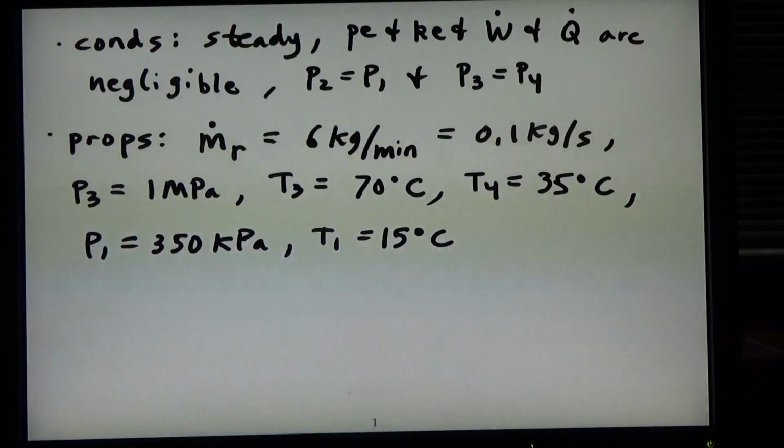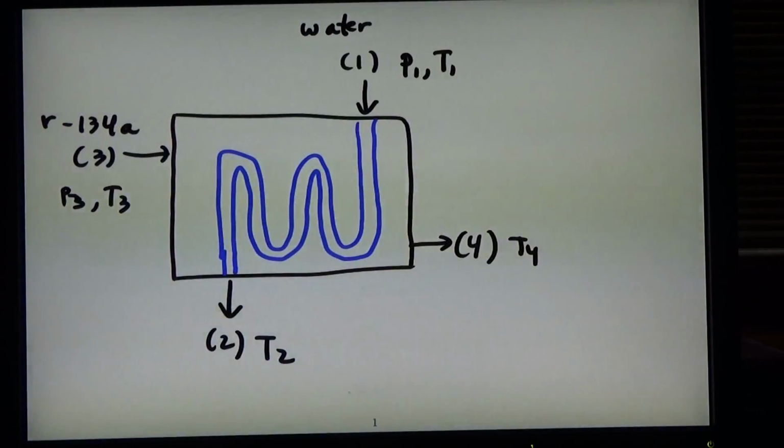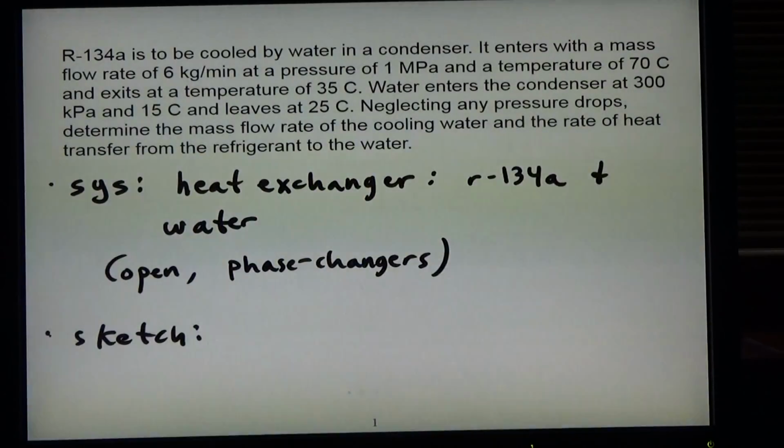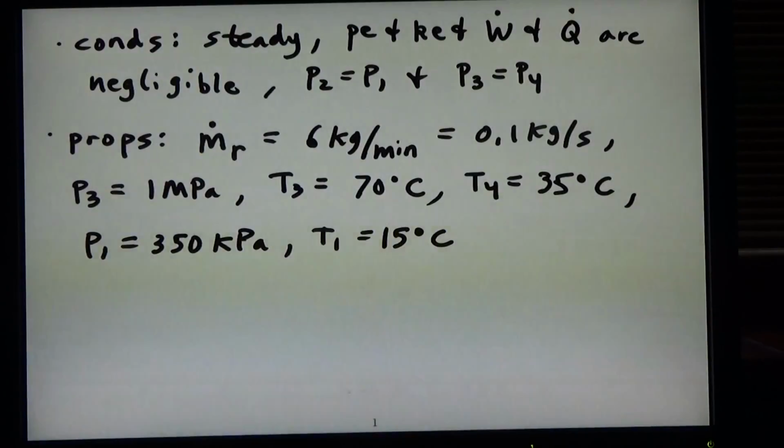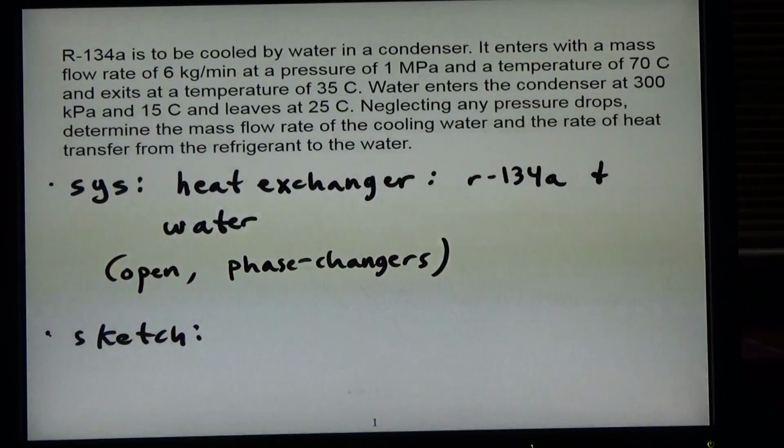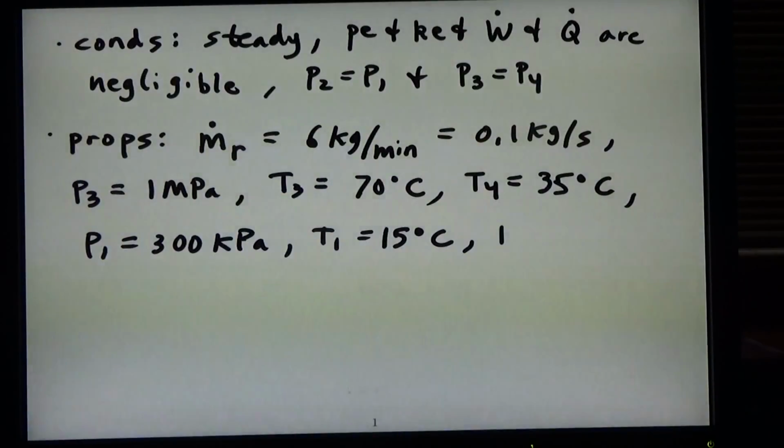Sorry, that's not 350, it's actually 300. And then the exit temperature of the water is 25 degrees Celsius, so that would be T2. Alright, now everything is pretty much set up, ready to start solving.